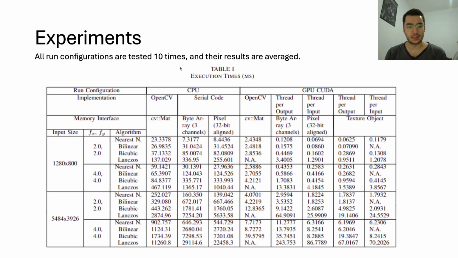And you can see for CPU code, the OpenCV implementation, except for nearest neighbor, beats my custom code in every algorithm for all run configurations. I think for nearest neighbor, since I don't use the cv Mat object, there is some overhead while using that.